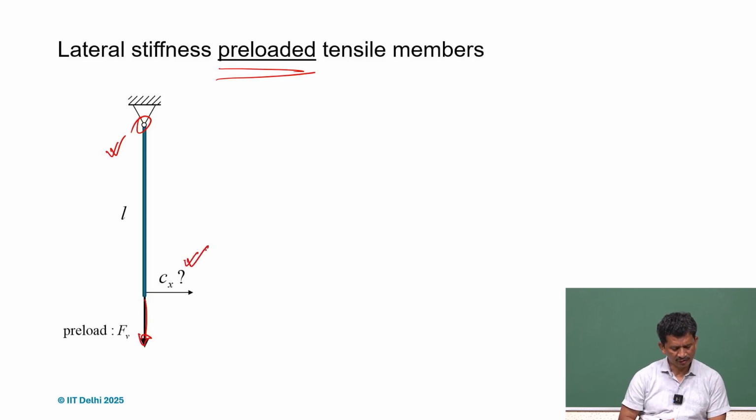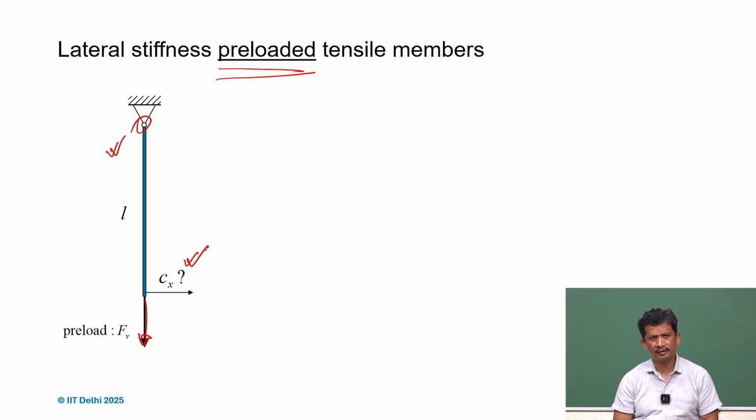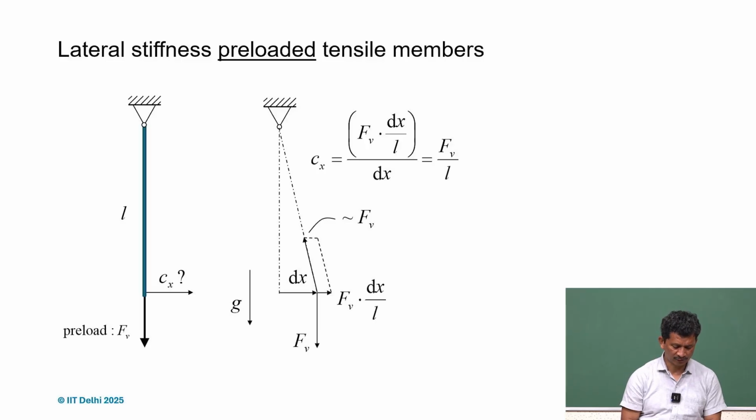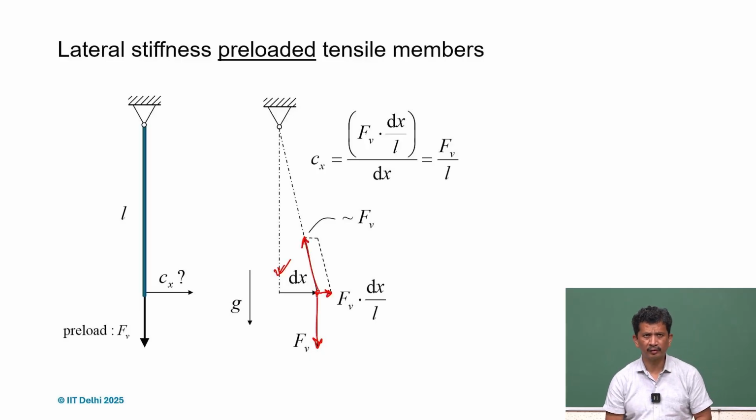What we may ask is, what is the stiffness in this direction, Cx, whether it's positive or negative. If we try to analyze that, for a very small deflection dx, these are the forces acting. So FB, and this will be the force required, and this is the force coming on the link.